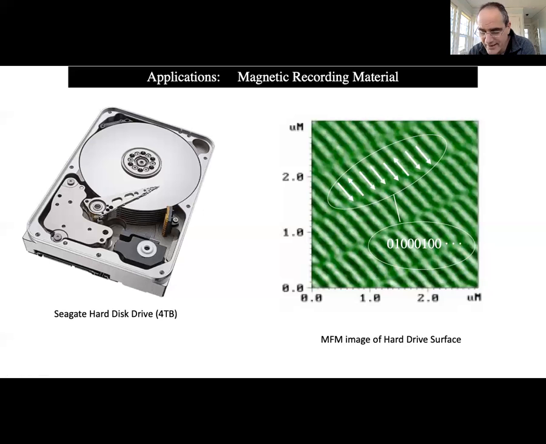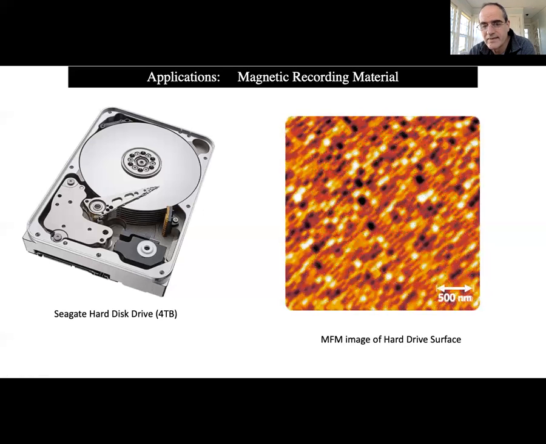And actually, this is sort of an old picture. Let me show you what it looks like now. Now it looks like this. Those two images, they're at the same scale. And now the bits are these little squares and rectangles on the surface. There are a couple of changes recently. One change is that the magnetization now is in the perpendicular direction rather than in plane.